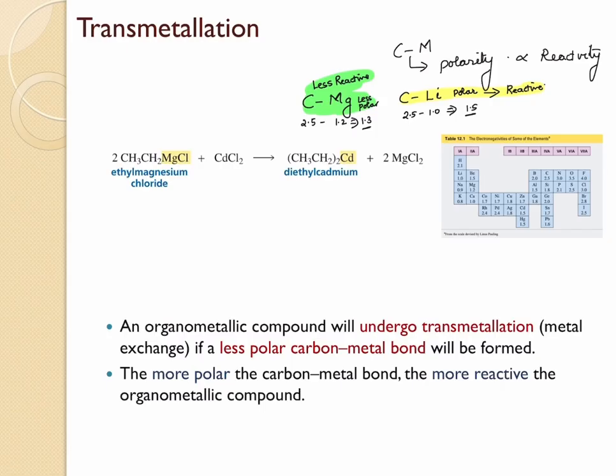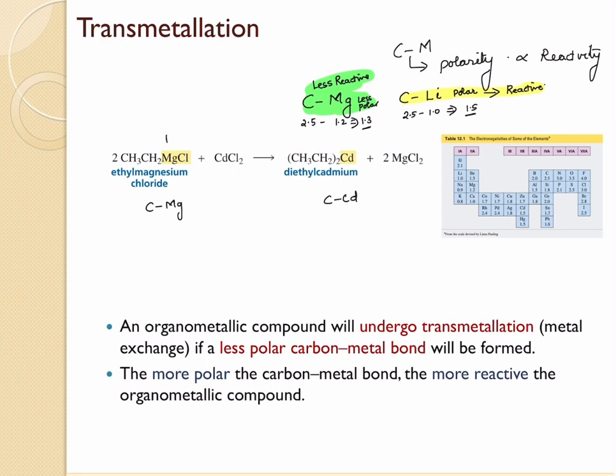Organometallic compounds can undergo transmetalation if a less polar carbon-metal bond will be formed. For example, when you react an organometallic compound with another metal salt, if that metal is more electronegative, then transmetalation occurs. Let's take this scenario: reacting ethyl magnesium bromide with cadmium chloride. Let's find the polarity of the two bonds.